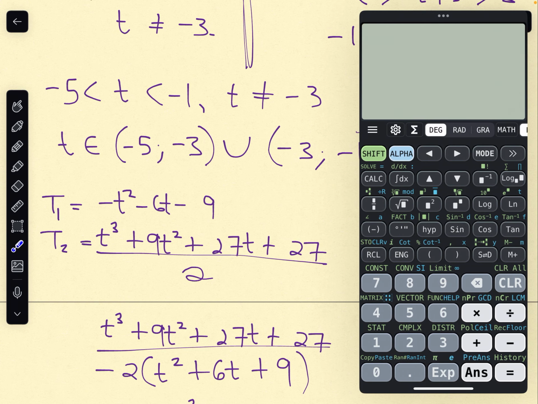So if I say minus 2 squared minus 6 times minus 2 minus 9, my t1 ends up being minus 1. Okay, and then if I generate my t2 using minus 2 as my t, I get plus 9 times minus 2 squared plus 27 times minus 2 plus 27, and then down here I get a 2.